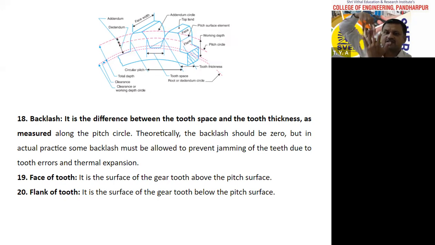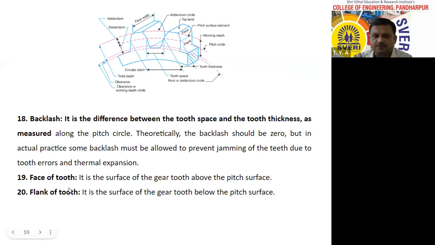Therefore, when two gears are in contact with each other, there must be a backlash in terms of microns. Why in terms of microns? Because this backlash must be provided to prevent jamming of the teeth due to tooth errors and thermal expansion.